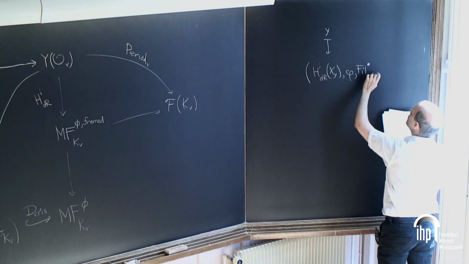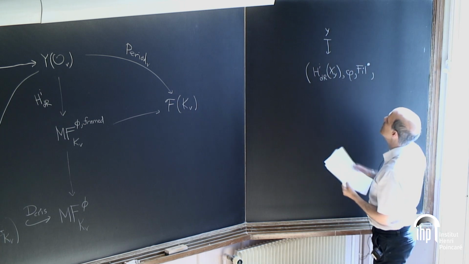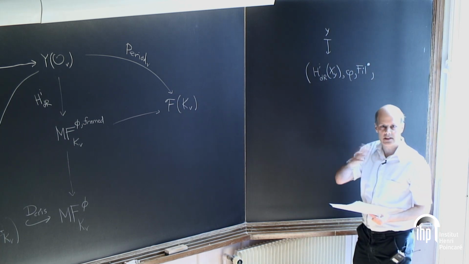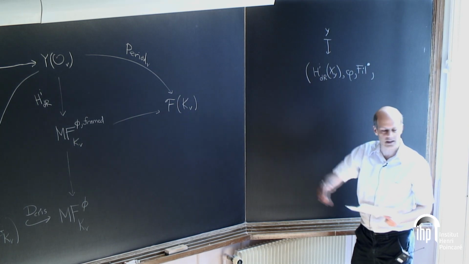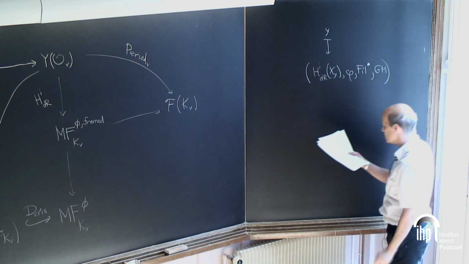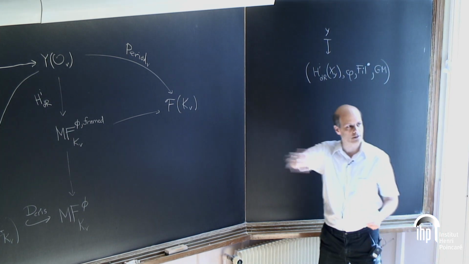But then I also need an isomorphism between this de Rham cohomology and the de Rham cohomology above Y0. And that's given by the Gauss-Manin connection. So I'll put a GM here. That just means it's the isomorphism that does the horizontal transport.